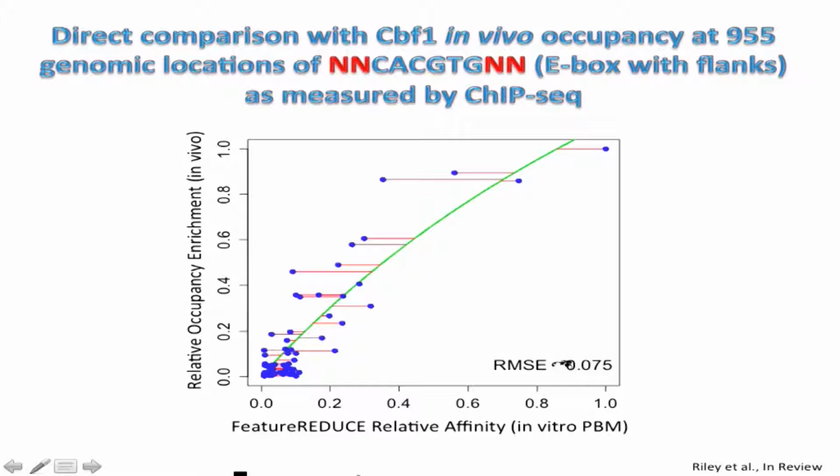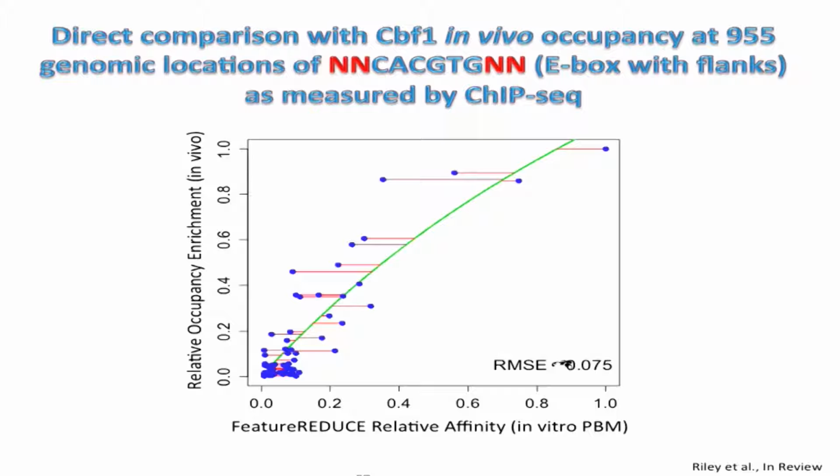And so for each one of these 10 base pair binding sites, it's the mean ChIP enrichment, because the yeast genome has multiple copies of each one of these E-box motifs. And one thing I want to explain too, see how there's a curve here? The curvature is because we actually fit the in vivo free protein concentration.